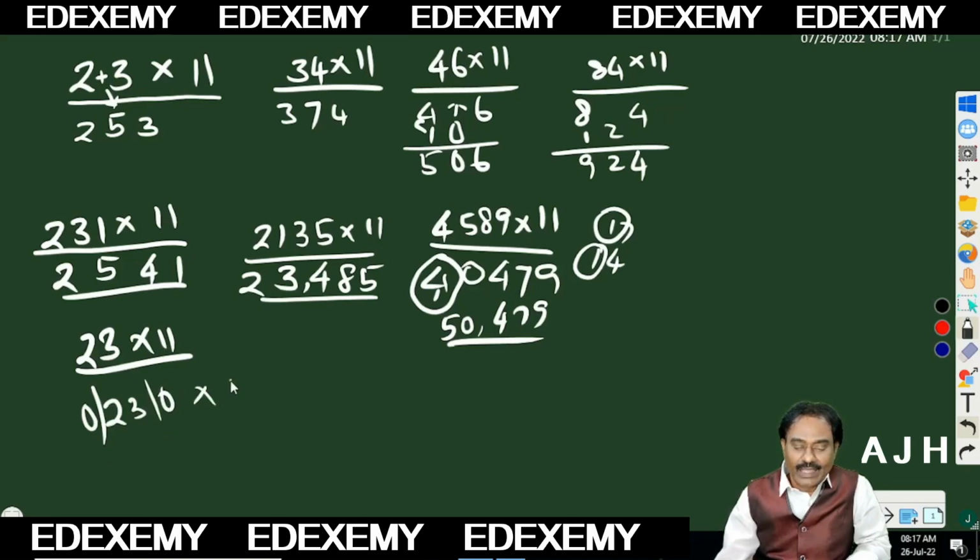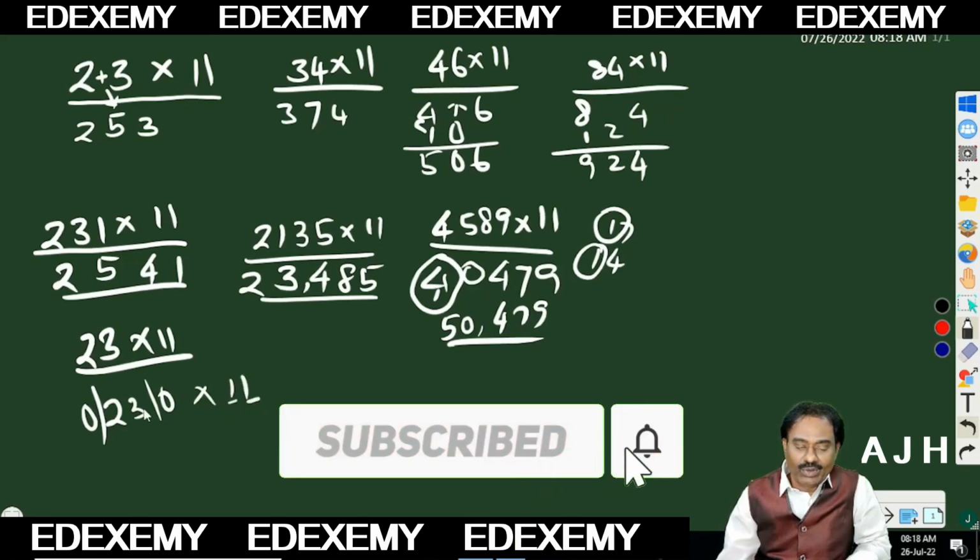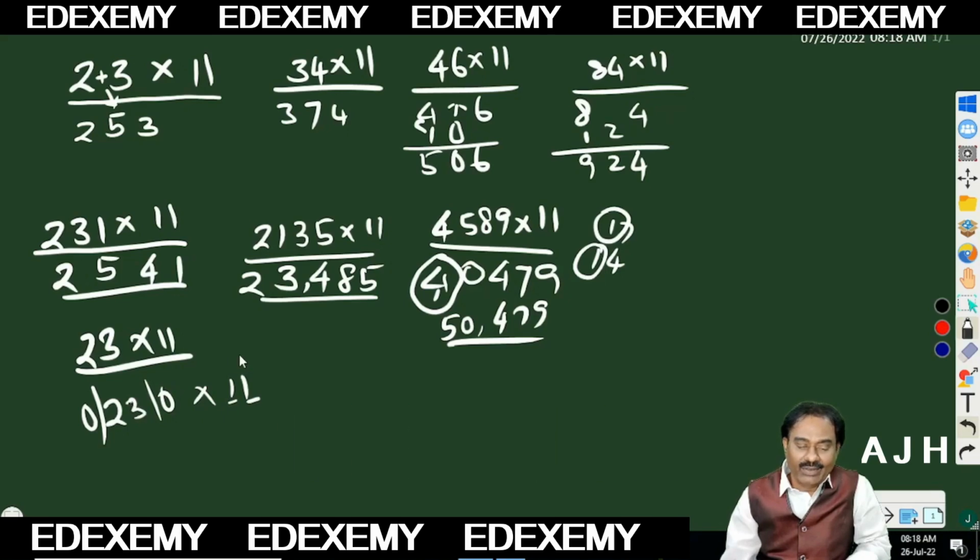You follow me carefully. Since the two digits are 1 and 1 in 11, you have to multiply 1 with this 3 and 1 multiplied by 0, then you have to add. That is the real pattern here. See, 3 into 1 is 3, 0 into anything is 0, therefore 3.